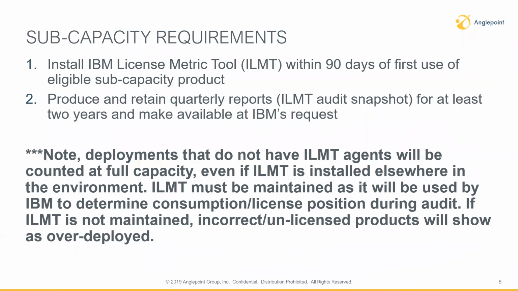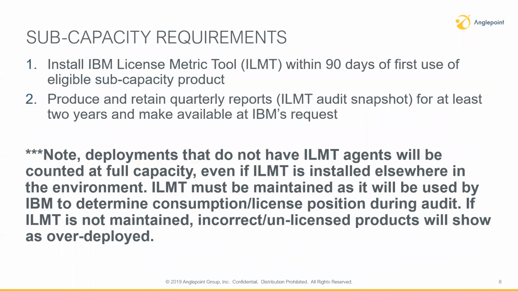The other part of that is that ILMT must also be maintained. I'm going to get into the nitty-gritty of this, but when ILMT is first installed, it will go out and discover the IBM components that are on each box. And ILMT will make its best guess as to what product is actually licensed and installed on that box.